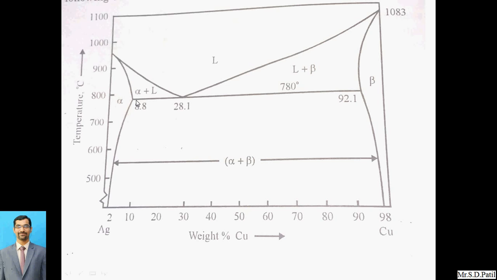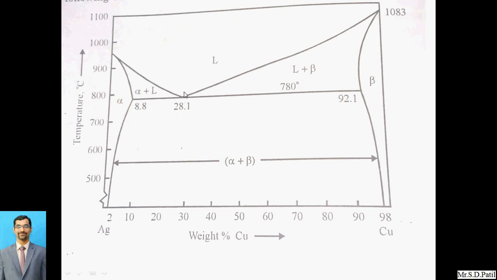So what is the meaning of eutectic? In the previous lecture I have explained this. Again I will just tell you, the eutectic point is the common point where both the metals start solidifying.